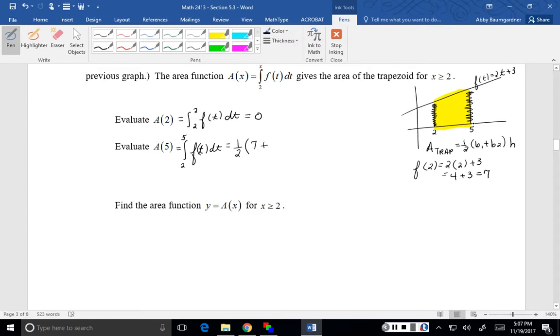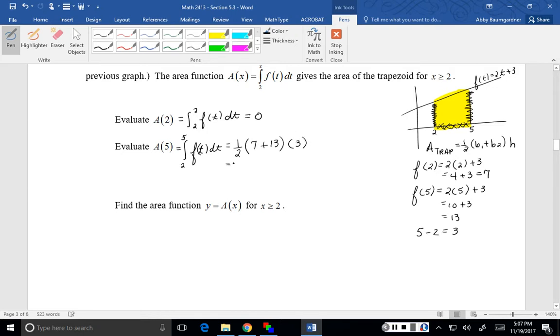Again, I can find its actual value by taking 5 and plugging it into the function, and then multiplying it by the height. The height is the distance between those two numbers, so 5 minus 2 gives me 3.